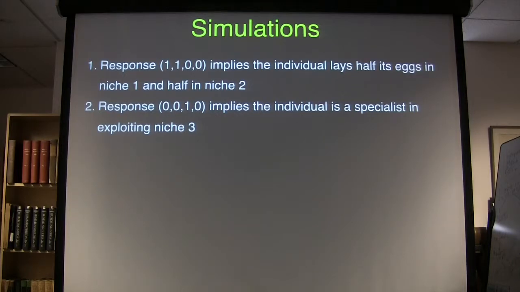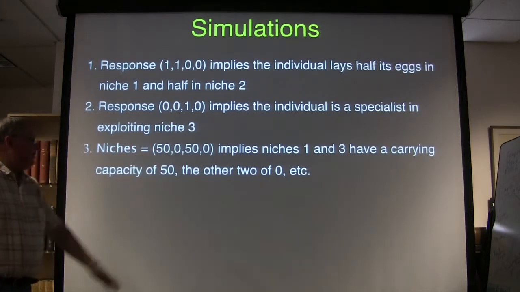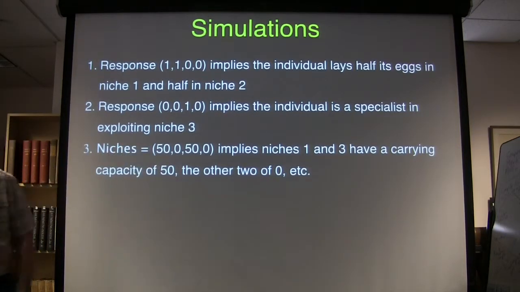And so a 0, 0, 1, 0 would mean that the individual is a specialist in exploiting niche 3. And we can specify our environment by having these niche specifications of their relative productivity. So niche 2 and niche 4 are 0, 0. That means they're protected and any eggs laid in there don't develop.